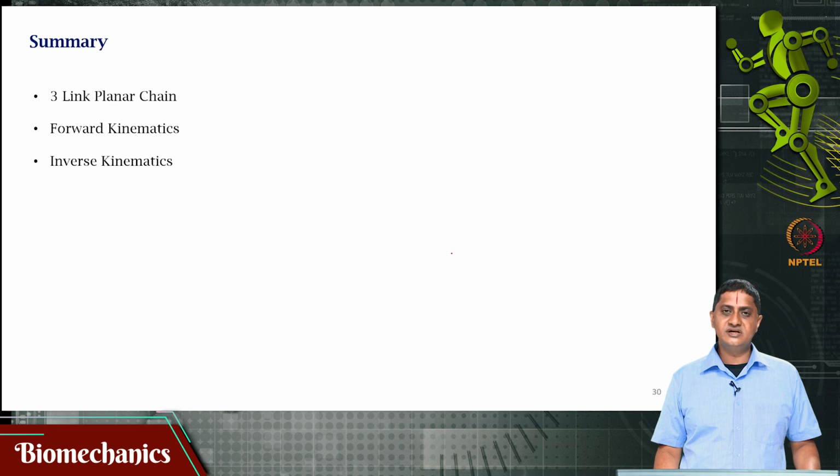If you did not know the inclination that the last link makes with the ground, you cannot compute the individual joint angles, because the manipulator is redundant. There will be many solutions, because there are 2 equations and 3 unknowns. You cannot solve for this. Thank you very much for your attention.